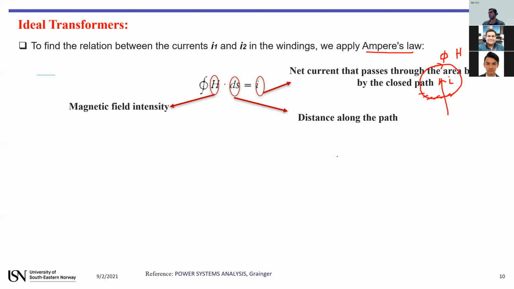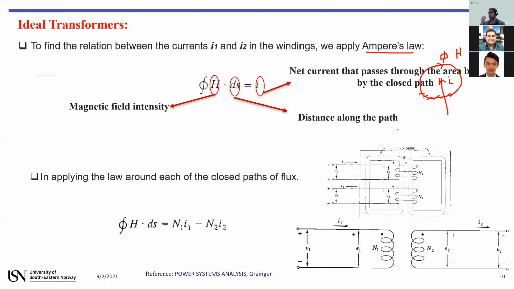So according to this theory in magnetism, we have the same thing in transformers. If we apply these laws, we can write this equation, because we have the path here. It's the path that flux is moving in, and we have a coil here.